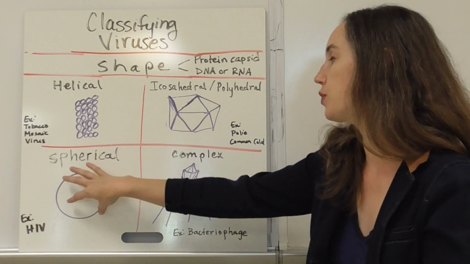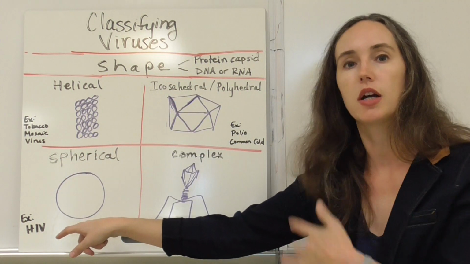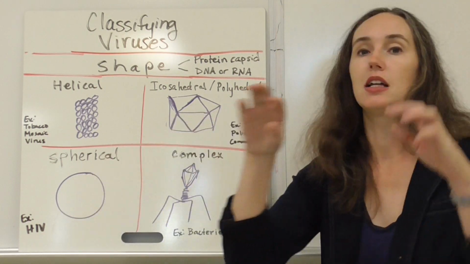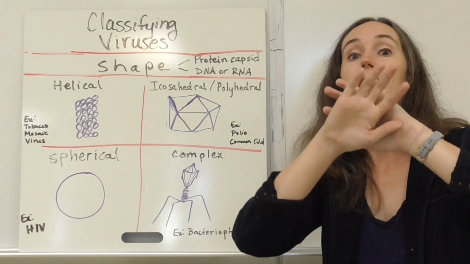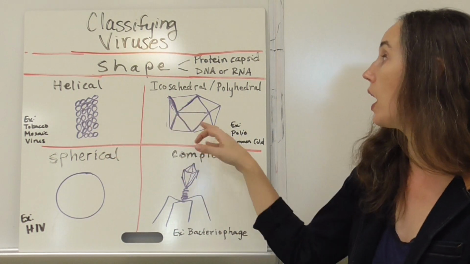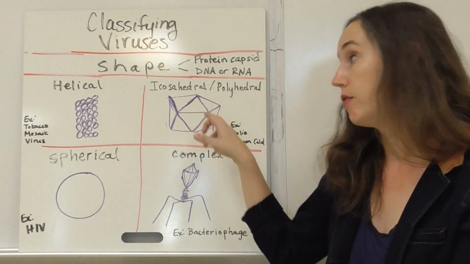And then there's spherical, and an example of this is HIV. What this is, is actually a lipid membrane that goes around either a helical or icosahedral virus.